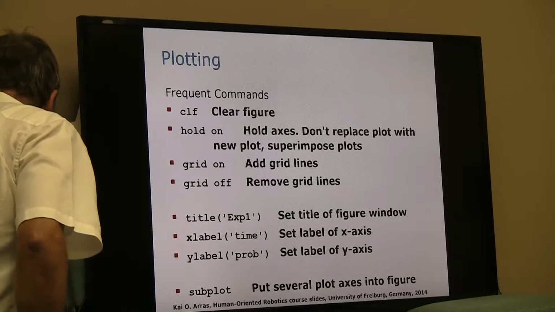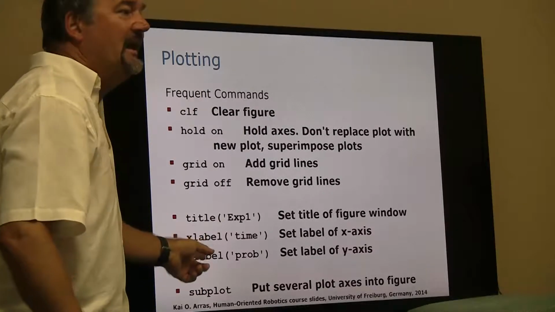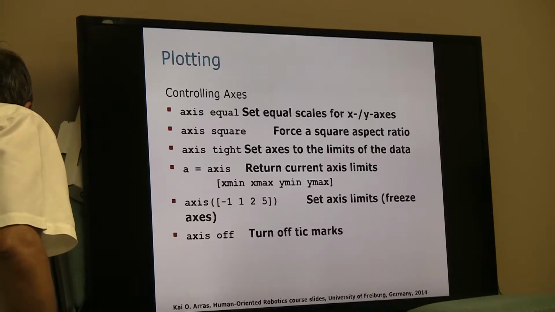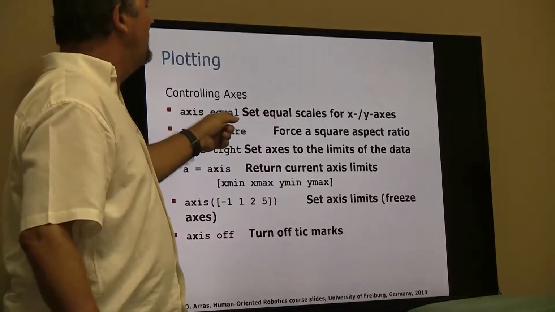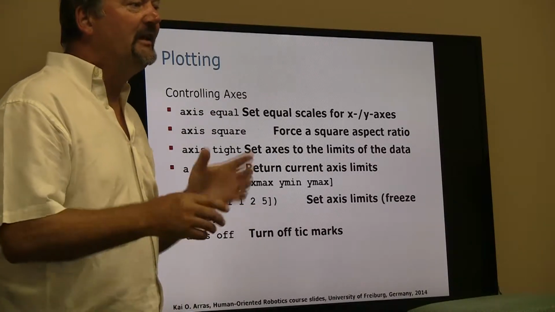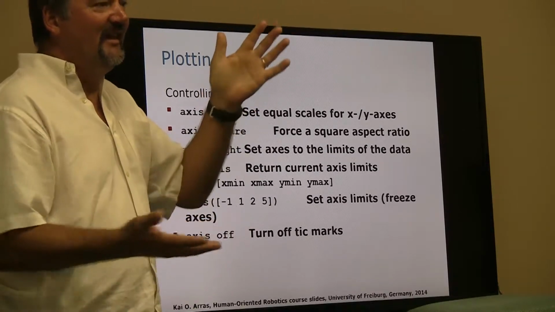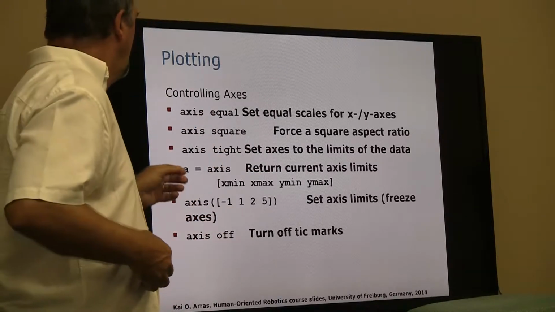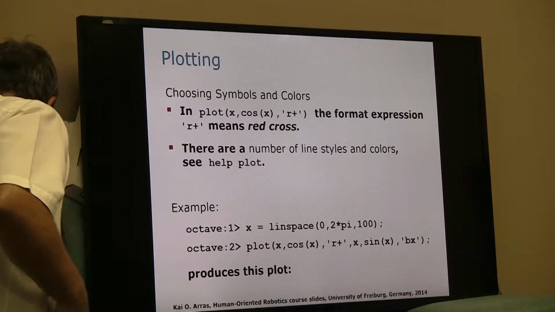A few other commands: clear figure, X label and Y label are the two other ones that you'll want. Axes equal is sometimes useful, particularly in XY plots of position. You typically want the X and Y axes to have the same scale. But there are other options there that I've never used.